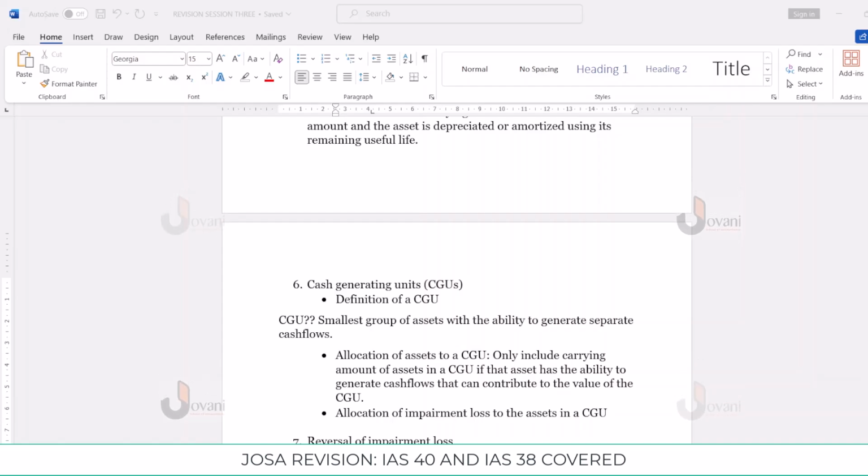Now my question is, what is the order of allocating impairment loss in a CGU? You first charge the first part of the impairment to the intangible assets, such as goodwill and maybe some others.